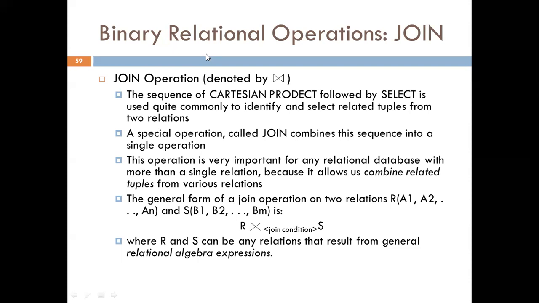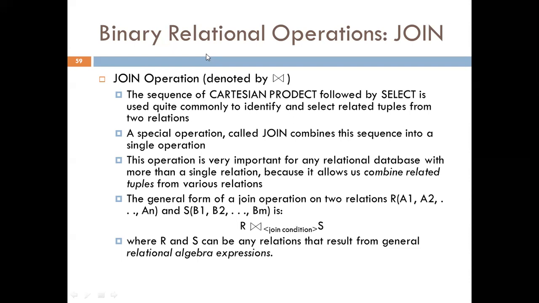Cartesian product is nothing but the joining of each row in one table with each row in the other table. We shall see that with an example. The join operation combines that particular sequence, the Cartesian product, followed by a single select operation. This operation is very important for any relational database having more than one table, because it allows us to combine the related tuples from various tables.